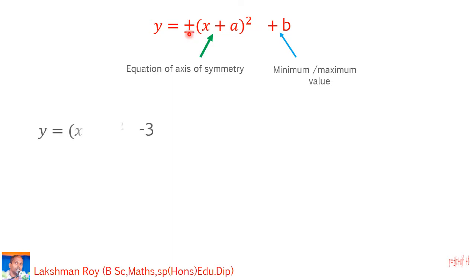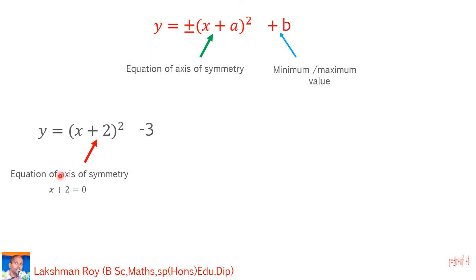So see, this is my example. I have taken y equals (x plus 2) squared minus 3. Now you can see here, in front of the square the sign is positive. That means this graph is a parabola of minima, right? Take this part, x plus 2, that gives the equation of the axis of symmetry.